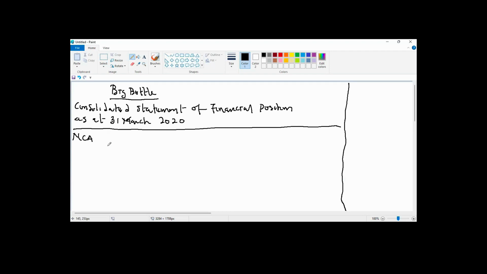Non-current assets: PPE, investments, and goodwill. After the goodwill, we leave two lines of space.